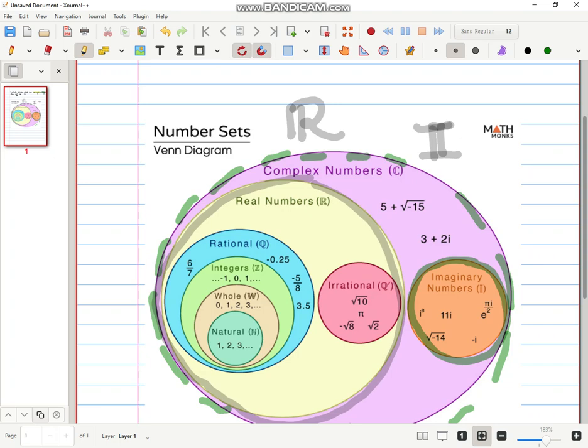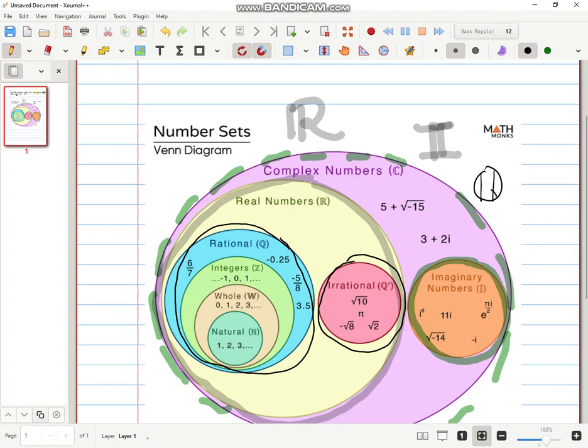Inside the real numbers you have your irrational numbers here. You also have your rational numbers here. Your irrational numbers are a Q that has something at the top, and your rational numbers are just represented by a Q like this, right?